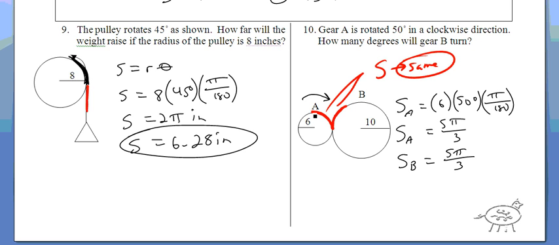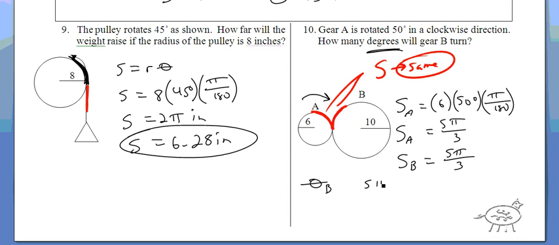Okay, so S sub B is 5 pi over 3, and now I need to find our theta, because I'm asking for how many degrees will gear B turn. So I'm looking for theta B. Right, theta A was 50 degrees. So it's going to be S equals R theta.